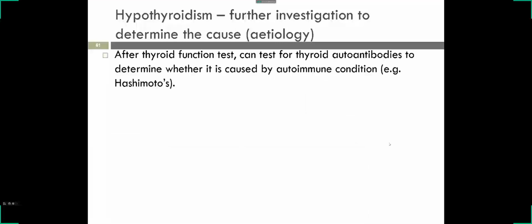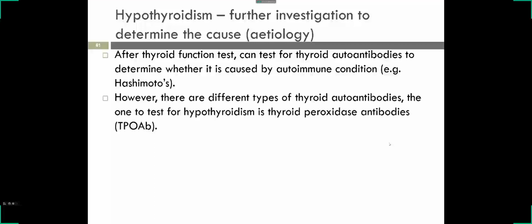So, what else would you do next? After the thyroid function test, this TFT, you can test for thyroid autoantibodies that we mentioned, the anti-TPO, to determine whether it's caused by an autoimmune condition. Now, there are different types of thyroid antibodies.